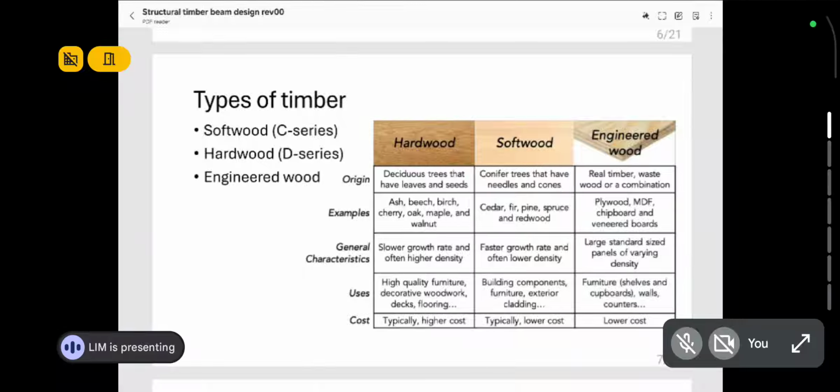These are the things that they build your cabinets from. Your cabinets are typically constructed from chipboard or MDF, so basically waste material. They process it and turn it into engineered wood. Obviously these are manufactured from waste, so they don't cost a lot.